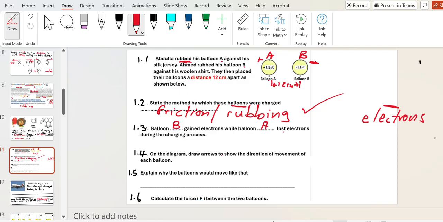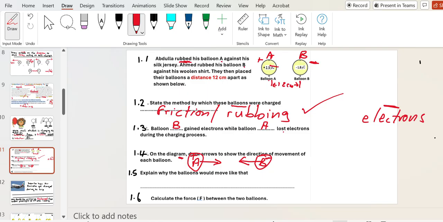On the diagram, draw arrows to show the direction of the movement of each balloon. You can put A there, B here. A is positive, B is negative. So they attract, they move together, they come together.